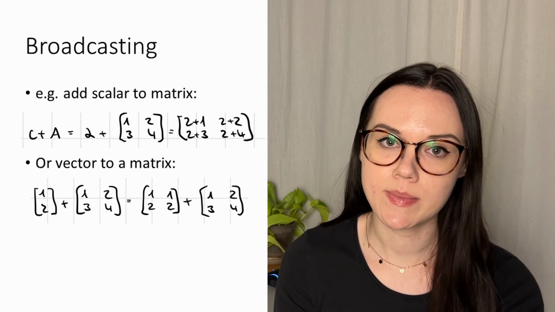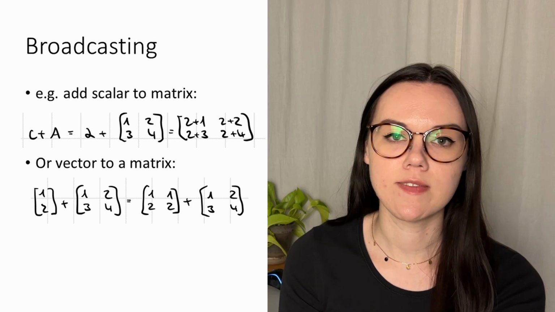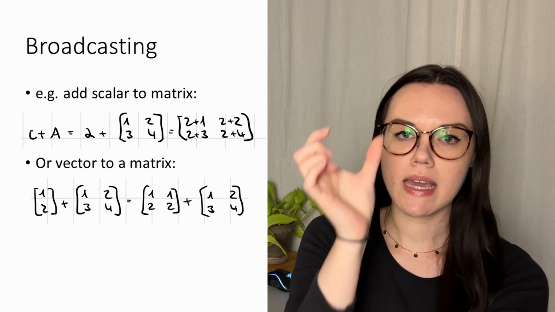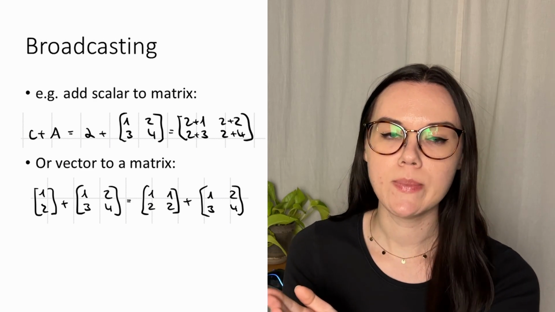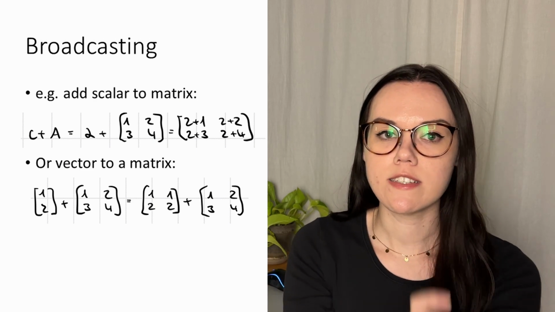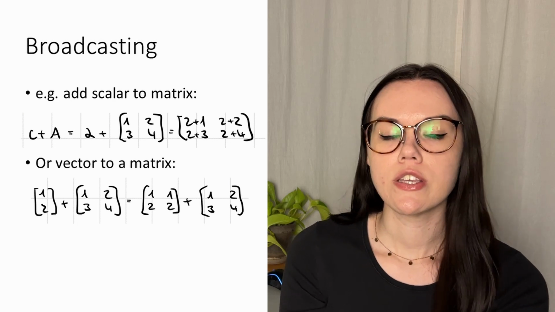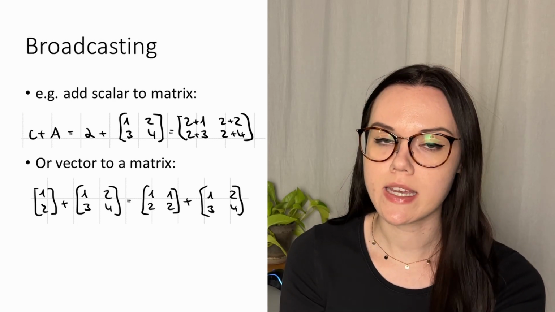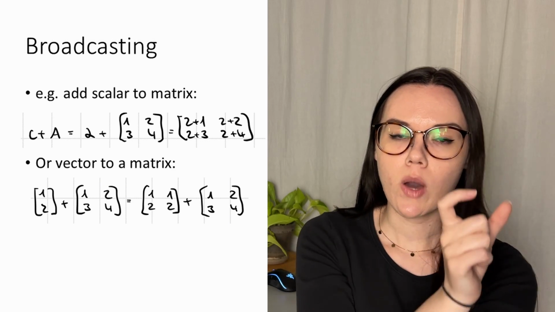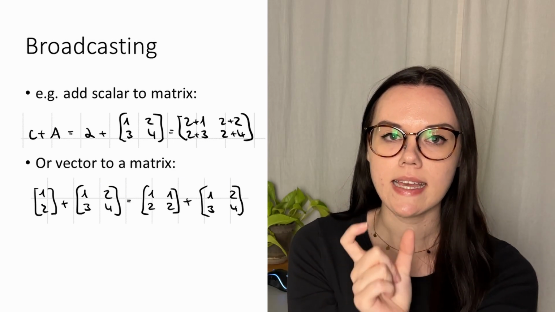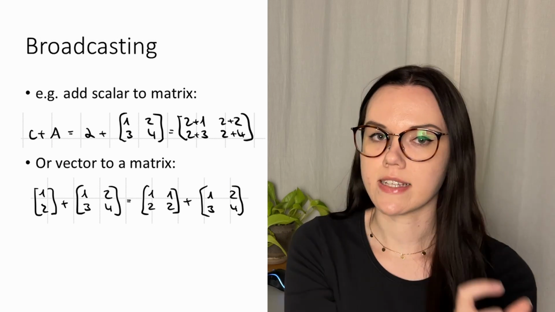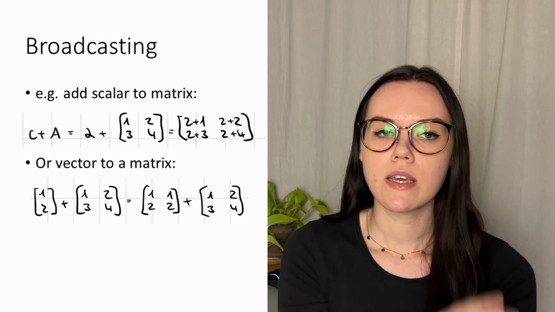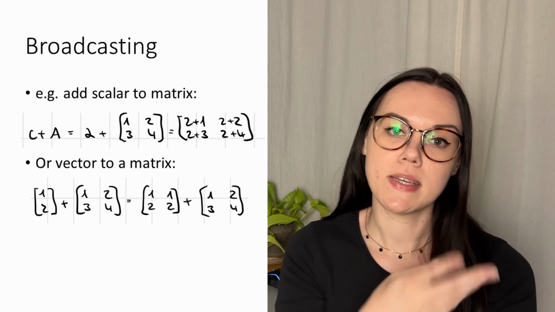and then the two matrices can be added normally. A very common application of this in programming is if you add a vector to a matrix, and both of these have the same number of rows, but of course the vector only has one column. So if you then add it to a matrix, for example to a 2 by 2 matrix, then the vector will be copied once and added right next to its original vector entry, and then it forms a 2 by 2 matrix, where the vector appears twice.